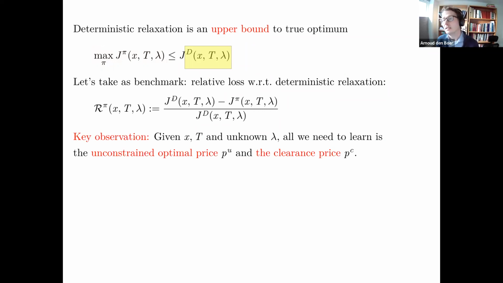So we can define the regret of a policy as the difference between what you earn in this fluid limit, or deterministic upper bound, minus what I earn under my particular policy. Now we also scale, we divide by this J so that we get values between 0 and 1. That doesn't really change anything. And we also note the dependence on inventory, time horizon, and lambda.